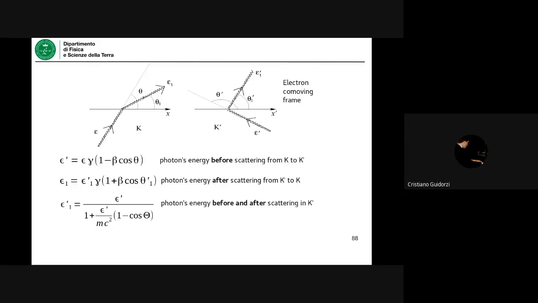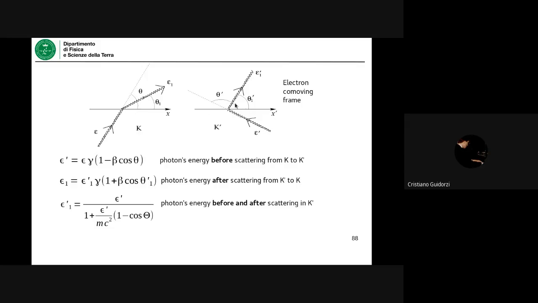If you think of this frame, you have a plane. A plane in general is defined by two vectors, and here the two vectors are the x prime axis and the initial linear momentum of the photon. The final momentum of the photon has no reason to lie on the same plane, which here is the plane of the slide.